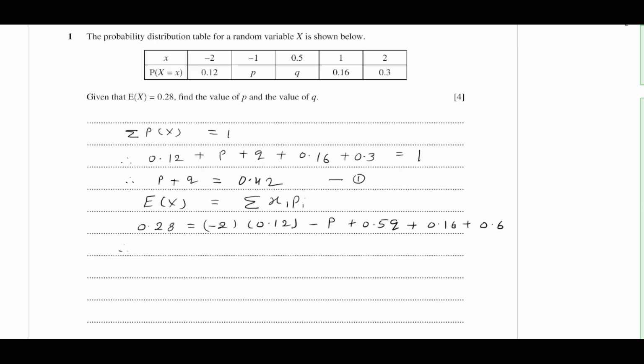So therefore, I will get another equation: minus p plus 0.5q is equal to 0.28 minus 0.16 minus 0.6 into 4, I get minus 0.24.